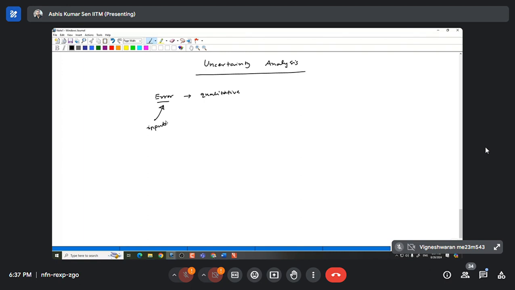But the consequence on the measurement data is represented in terms of uncertainty. Okay, so uncertainty is a property of the result, whereas error can be the property of the instrument.